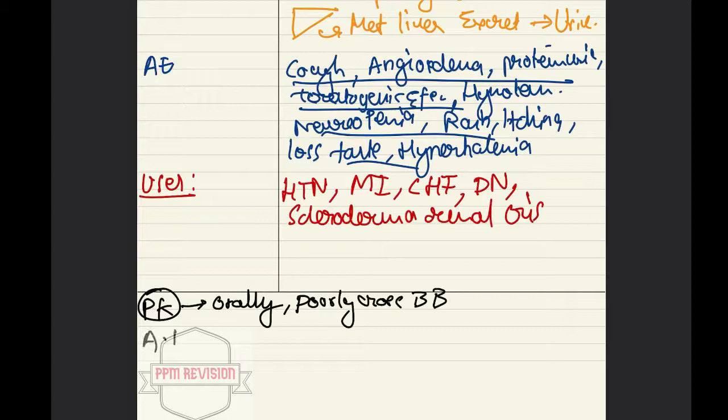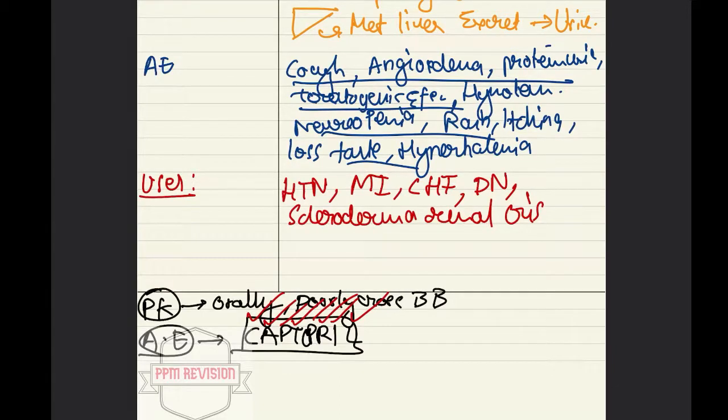Now, if we look at adverse effects, we have the mnemonic captopril, which needs to be memorized. It's easy. So as suggested, let me change the color. C for cough, angioedema, proteinuria, teratogenic effect, and neutropenia, rash, itching, and loss of sensation.